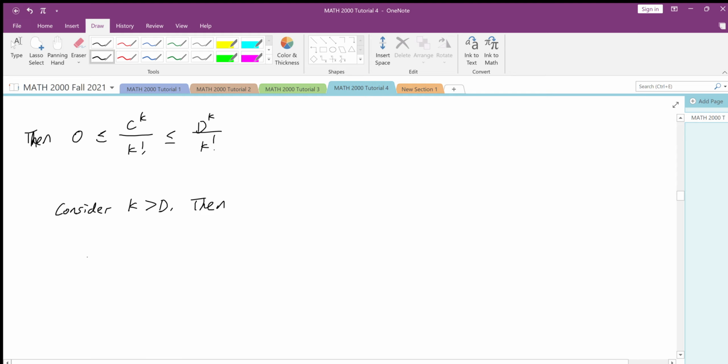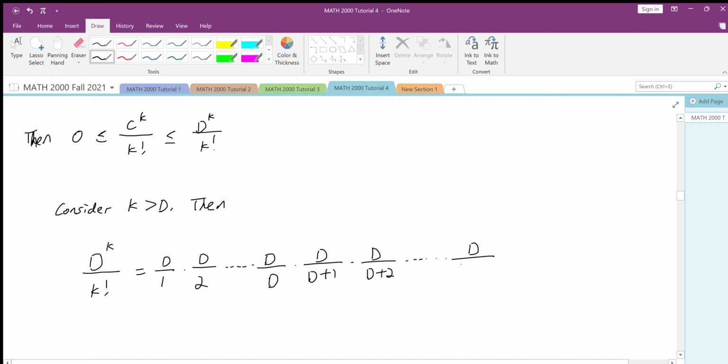We have that d to the power k divided by k factorial is equal to d over 1, d over 2, dot dot dot, d over d, and it will keep going. So d over d plus 1, d over d plus 2, dot dot dot, and that's going to be d over d plus k minus d.